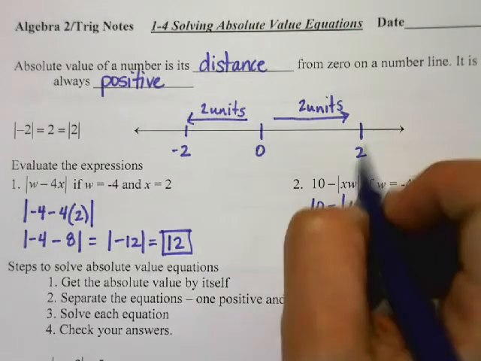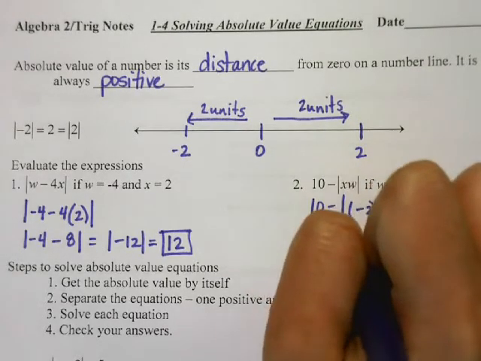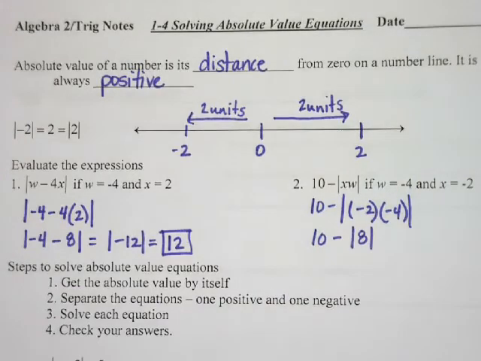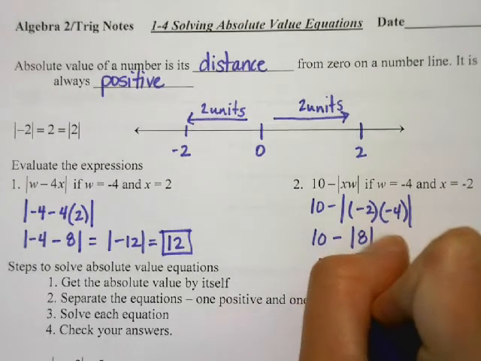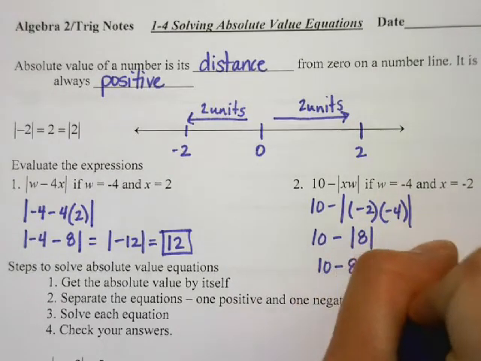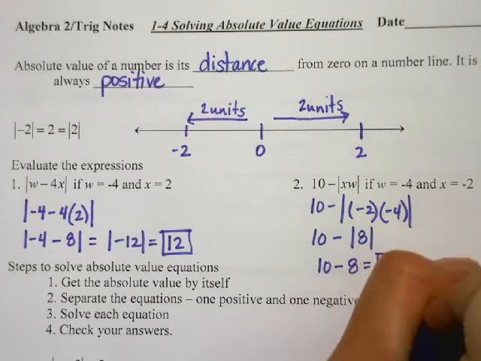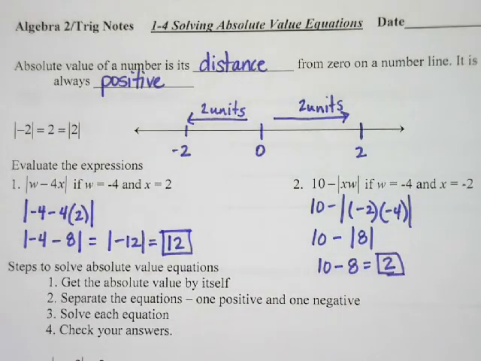Negative 2 times the negative 4 is 8, so I have 10 minus the absolute value of 8. Absolute value of 8 is just 8. So I have 10 minus 8, which is 2. Okay, questions on any of those?